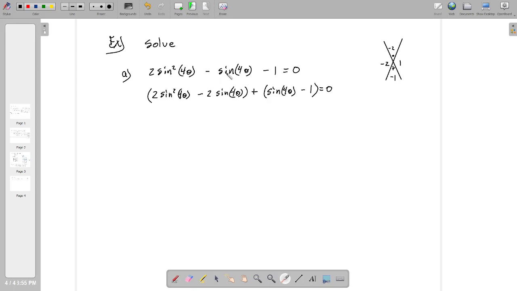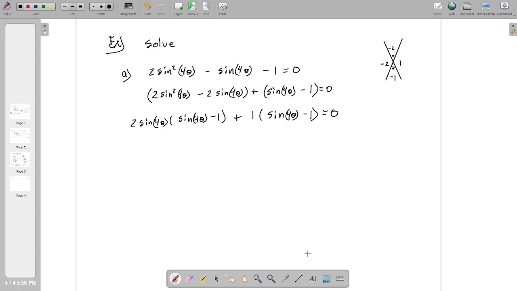But basically what I did here was I broke a -1 sine 4 theta into -2 and +1, which I got from here. So -2 plus 1 will equal -1 of this thing. Then I group it, factor out what I can. 2 sine 4 theta times sine 4 theta minus 1, plus there's nothing to factor out, so we just factor a 1 out. Sine 4 theta minus 1.